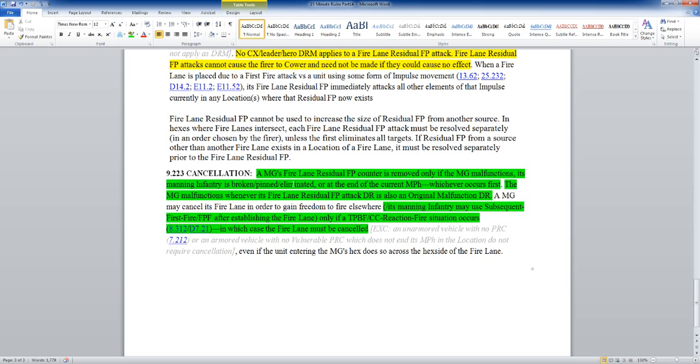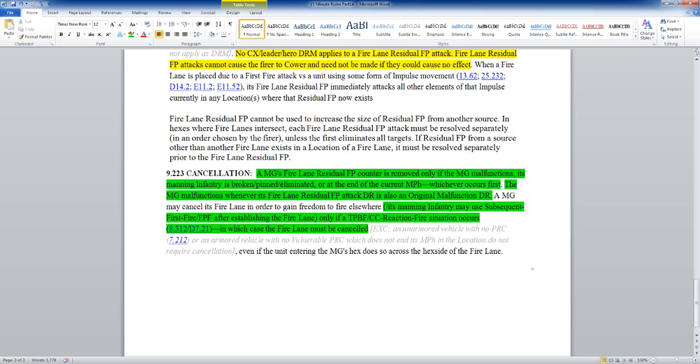And finally, cancellation. The machine gun's fire lane residual firepower counter is removed only if the machine gun malfunctions, its manning infantry is broken, eliminated, or pinned, or at the end of the current movement phase, whichever occurs first.